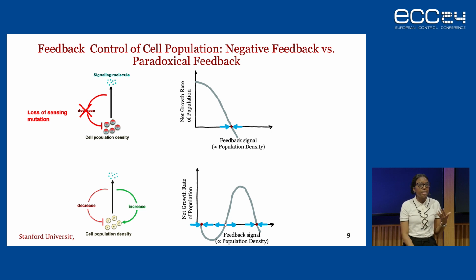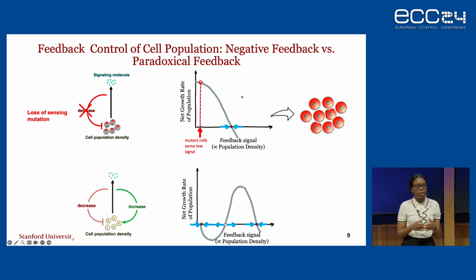In the case where they can no longer sense that at all, cells will be in this no signal detected regime or low signal detected regime, and they will keep on proliferating. So these types of mutations, if this was deployed in the body, would invade the healthy tissue, let's say.